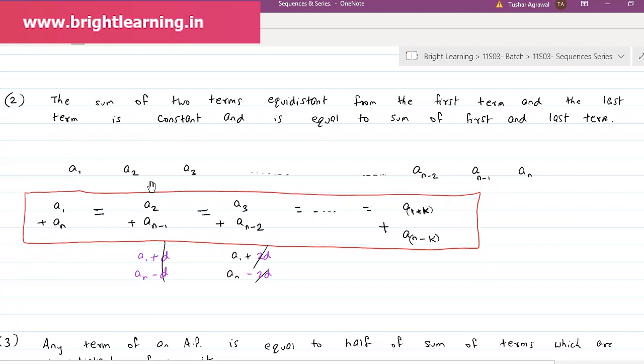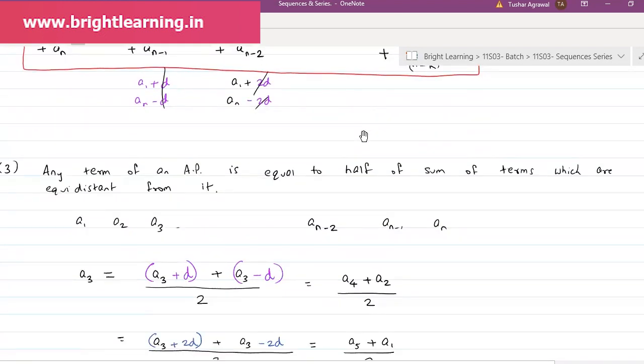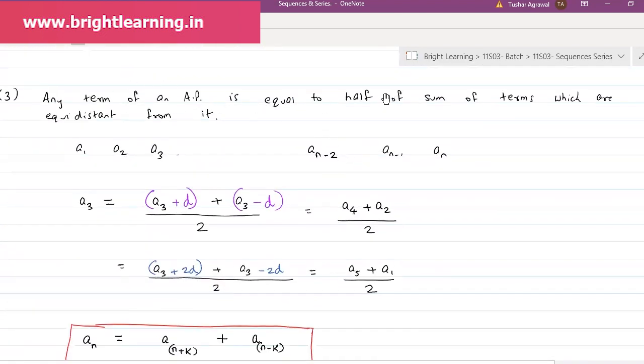A corollary of this property, a special application of this property, is the third case. Any term of an AP is equal to half of the sum of terms which are equidistant from it. So let's say a1, a2, a3, up to an are in AP.